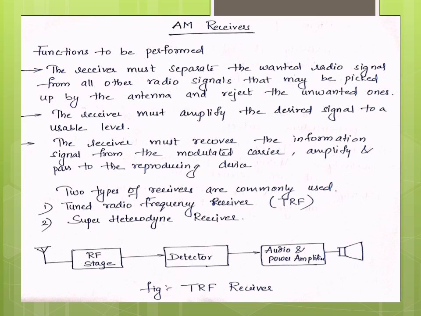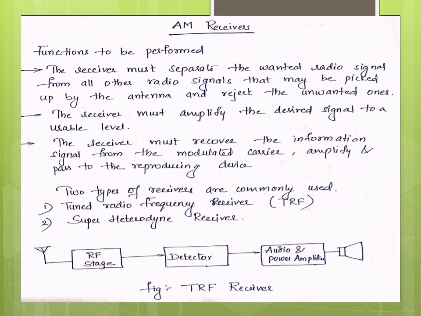Whatever signal the antenna takes from the AM band is given to the RF stage. RF stage is a cascaded stage of amplifiers. RF stage means radio frequency stage. It consists of cascaded amplifiers, meaning a number of amplifier stages connected together.